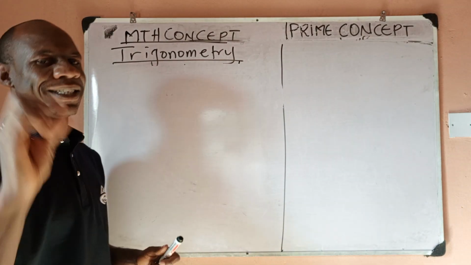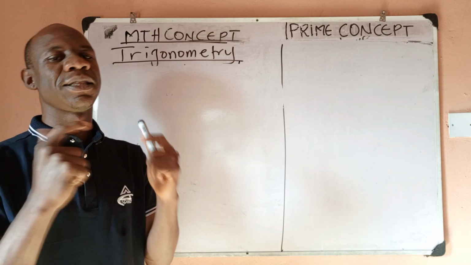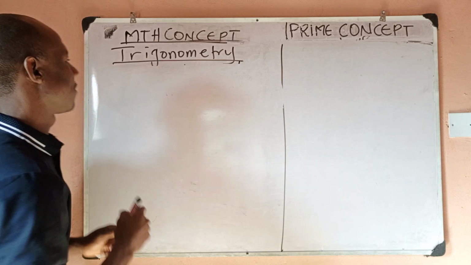So trigonometry is a branch of mathematics that measures the angles in a triangle using the ratios of the length of the sides of that triangle.